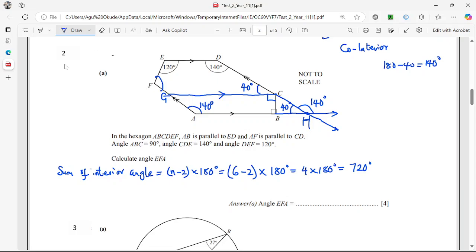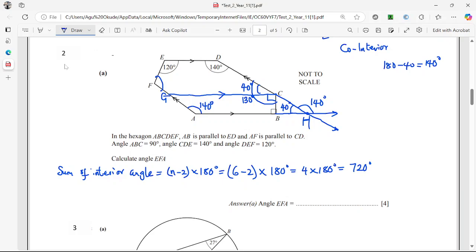Now the interior angles of my hexagon: I have this 120, I have 140. This whole angle here, from this point to this point, is 130, because I added this 40 plus 90, right? That is the whole angle from here all the way to here, 130.